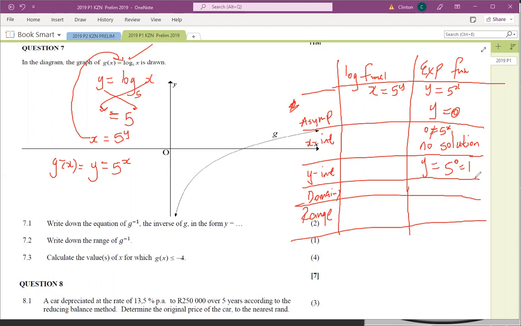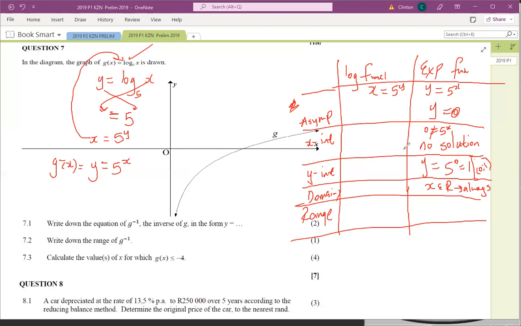Because it's an intercept, we need to write it in point form: x is 0, then y is 1. That is our intercept. The domain for the exponential is always x is an element of the real numbers.